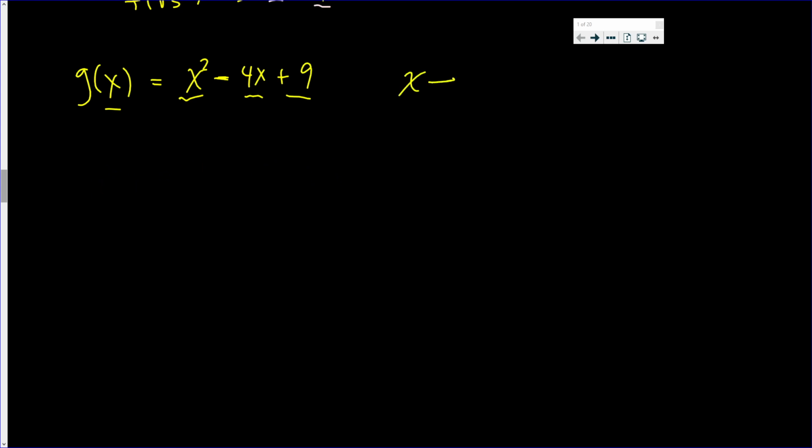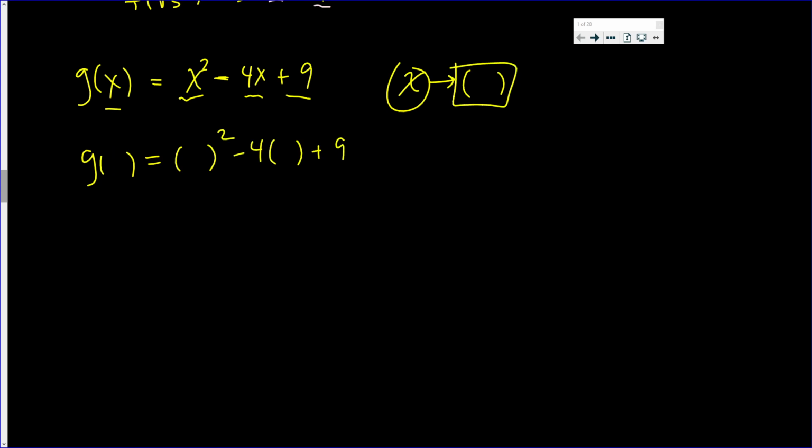Another way of finding g of 7 is, for the next line, instead of writing x this way, I'm going to write x that way. So g of x is equal to x squared minus 4x plus 9. All I did was write x that way. And I can read this back, just like you were taught to read this as x many, many years ago.